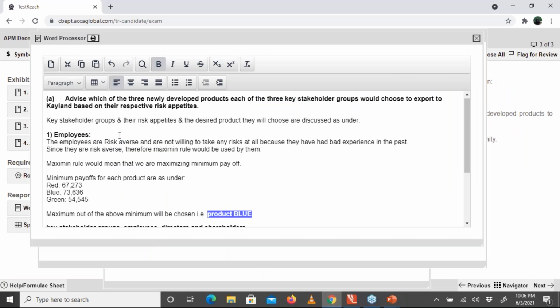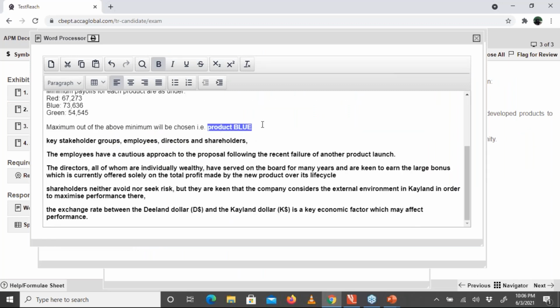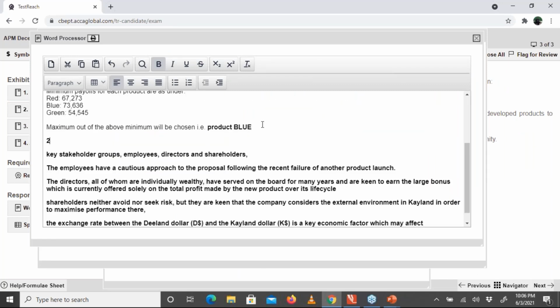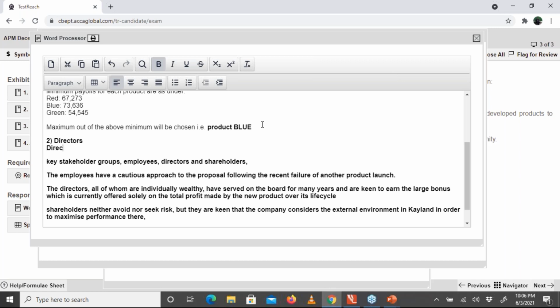So we have gone through this one now. Let's move on to the next one. The next employee group is the directors. Directors are risk seekers as they are willing to generate the maximum possible bonus that they can from the K-land operations.